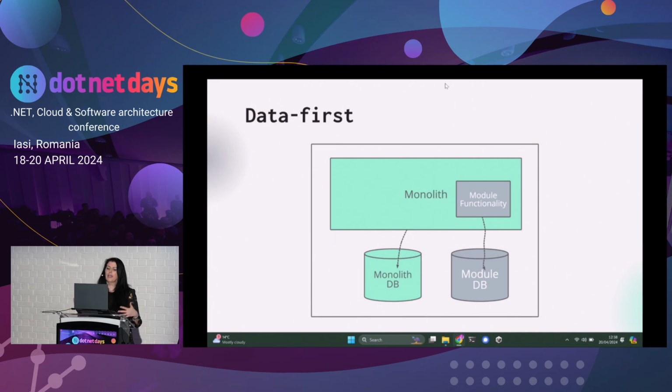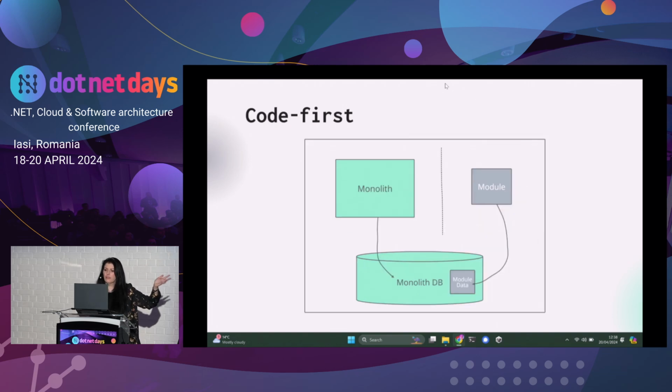Or we can go data first, separate our data, and then take the module out second. Now, what is the difference between these two? All right. Now, this really is down to the functionality that you're extracting. If you think the data is going to be a pig to separate, it's going to be a nightmare, and you are dreading separating and decomposing that data, do the data first.